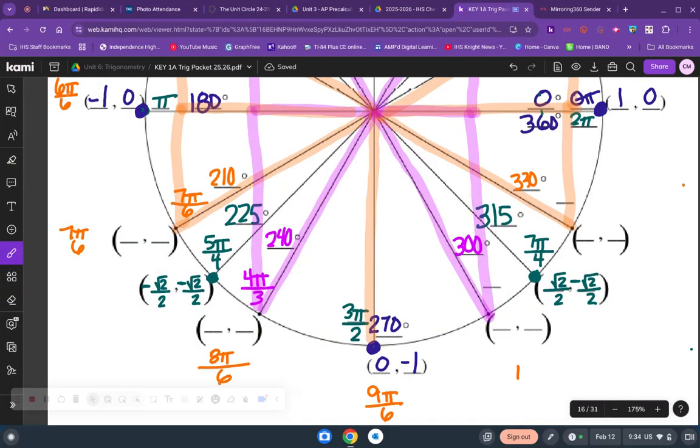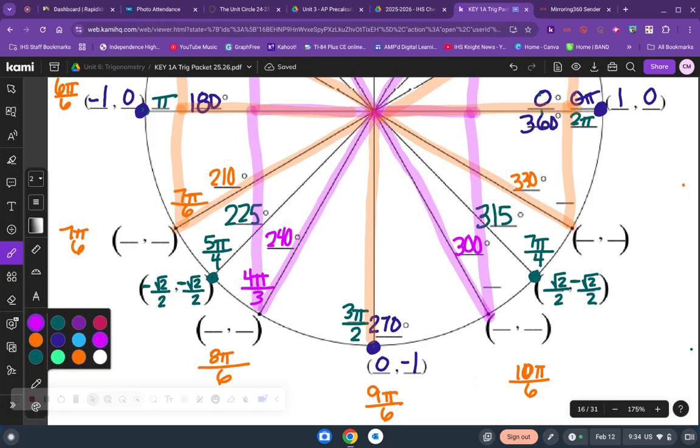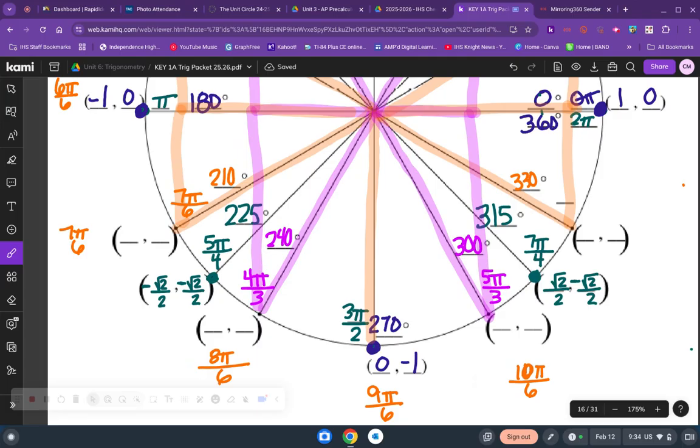Go again, add another. I'm going to be at 10 pi over 6. So 10 pi over 6 simplifies to 5 pi over 3, which is consistent with all my other purple ones.